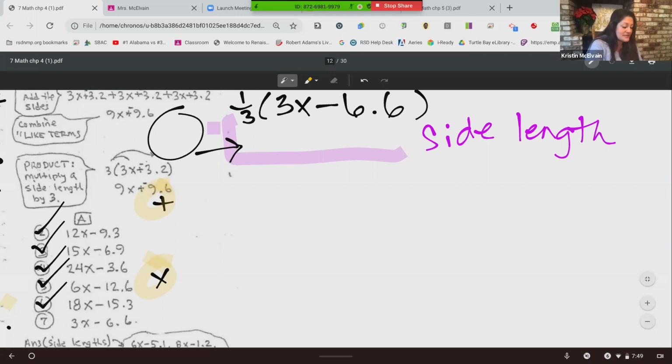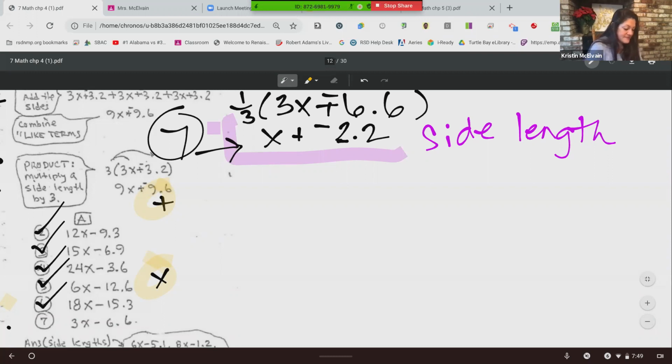We're going to add the opposite. Divide by 3 gives us a 1x plus a negative 2.2 for our side length.